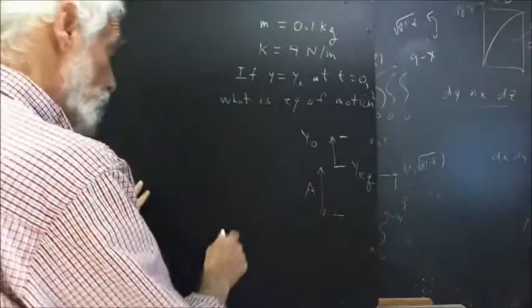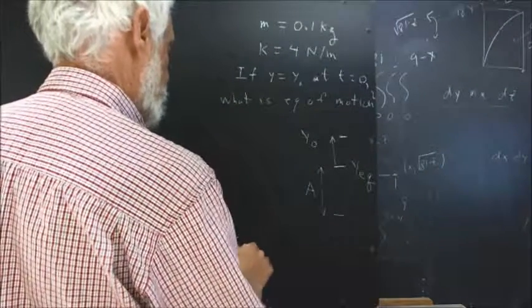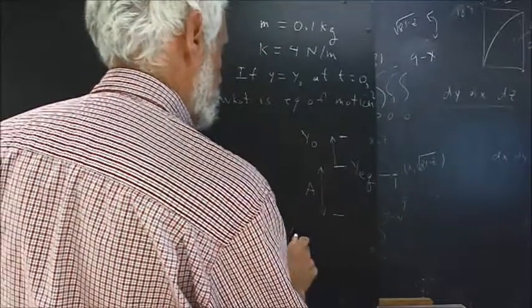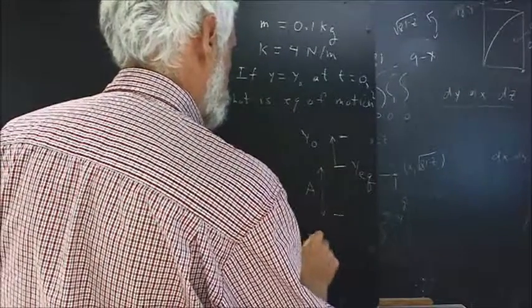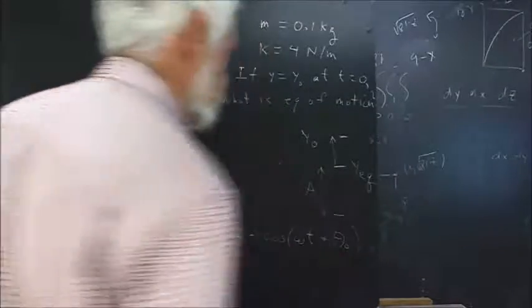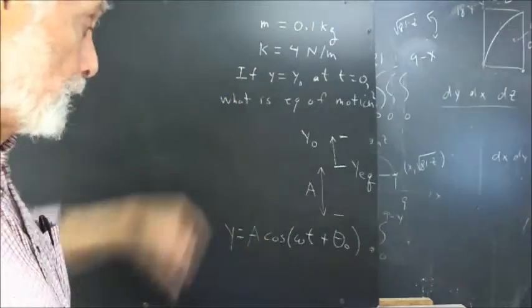Well, the equation of motion is Y equals A cosine of omega t plus theta naught. Omega is the square root of k over m.